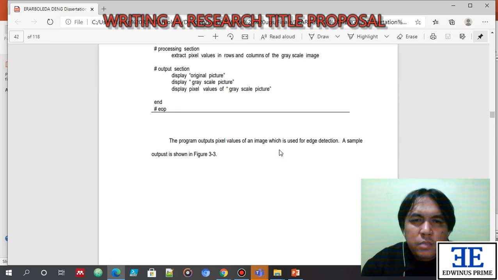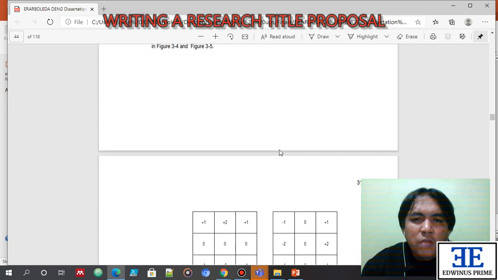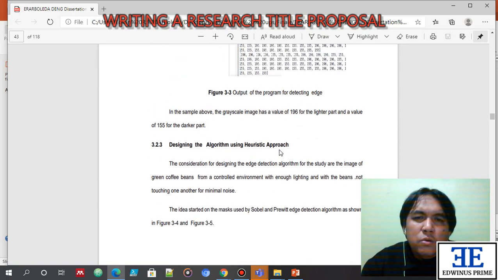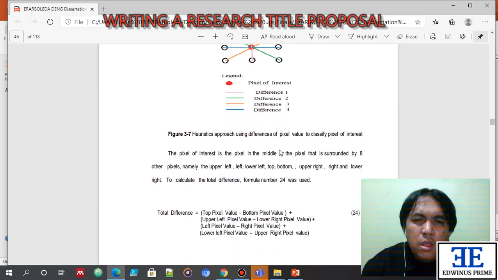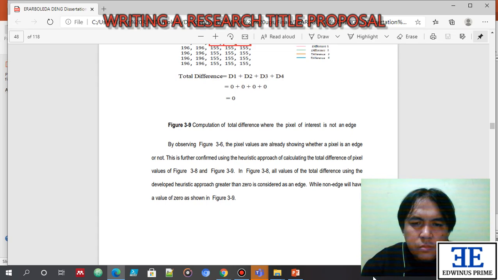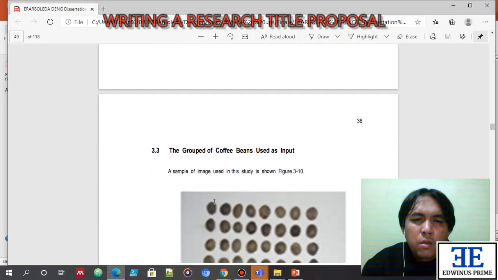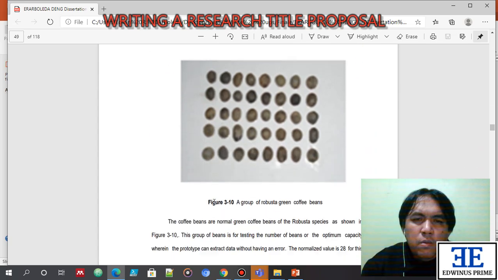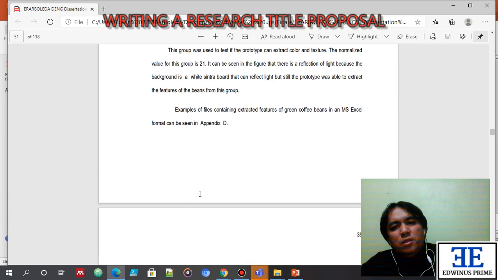In these methods, I stated how I arrived at my algorithm through the technique using a heuristic approach. So that is my method.